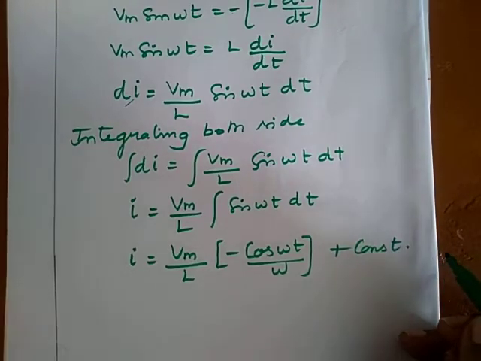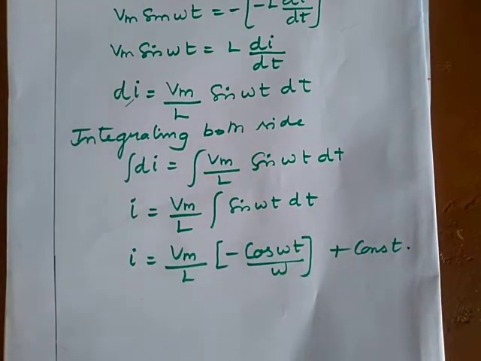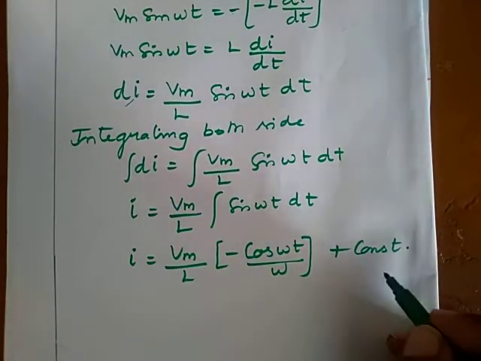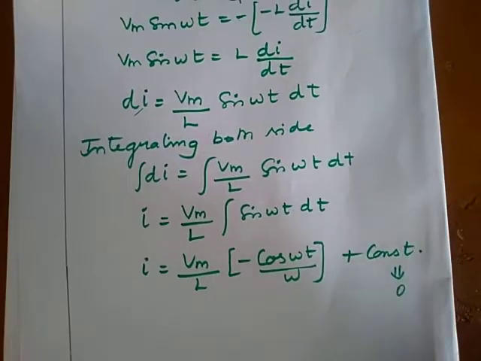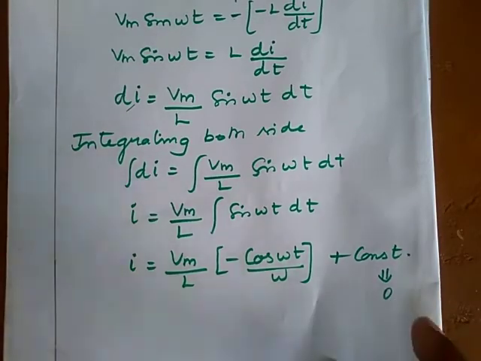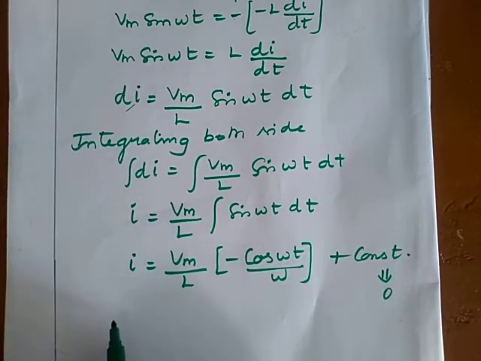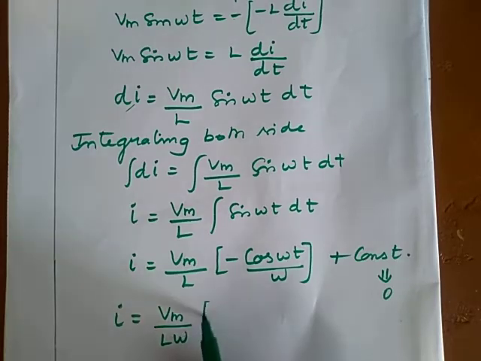This integration constant is independent of time, so we can consider it as 0, because the current does not depend on time by the equation. Then the resultant term is I = Vm/(L omega) times minus cos omega t.